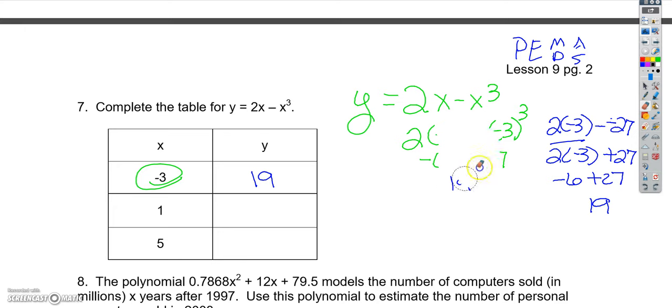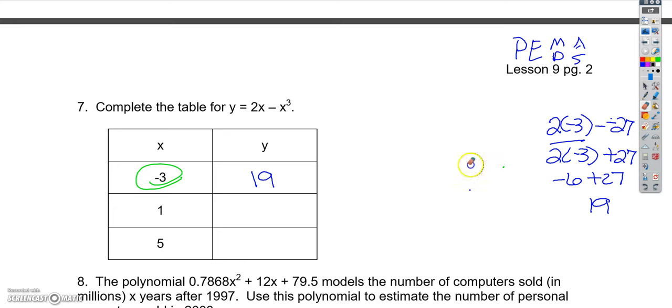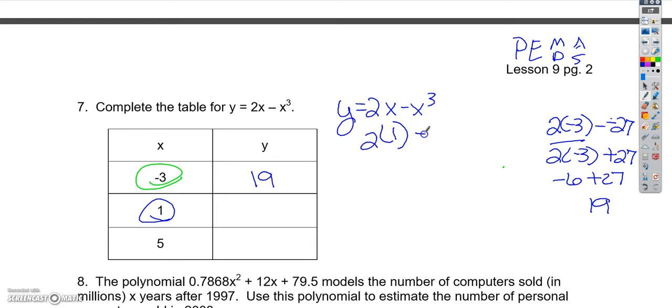Alright, so I'm going to erase this one. Now let's do 1. So y equals 2x minus x to the third. And we're going to use x equal to 1. So we're going to put a 1 right there and a 1 right there.